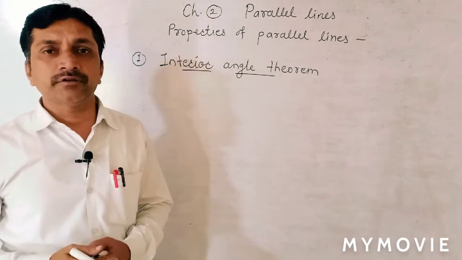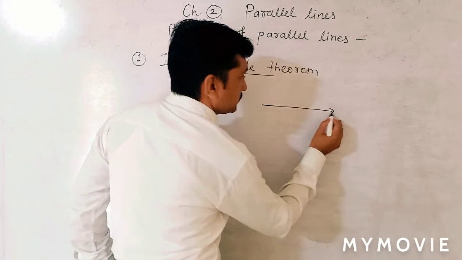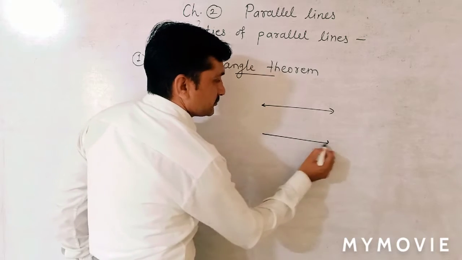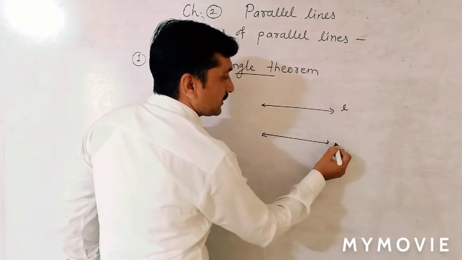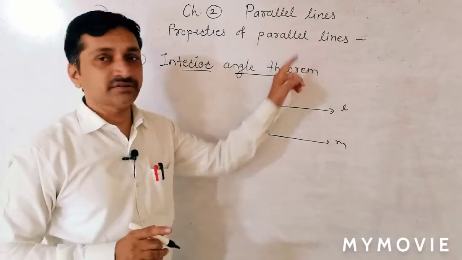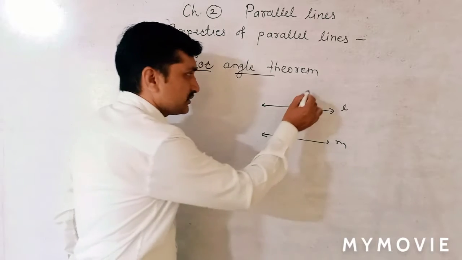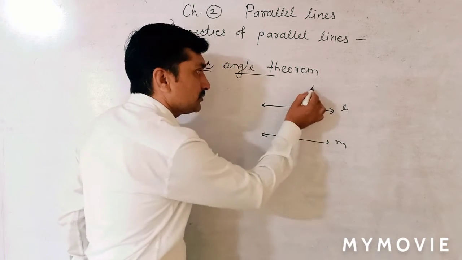What is the interior angle theorem? If two lines are parallel, suppose these two lines are line L and line M, these are two parallel lines, and any transversal is intersecting them.